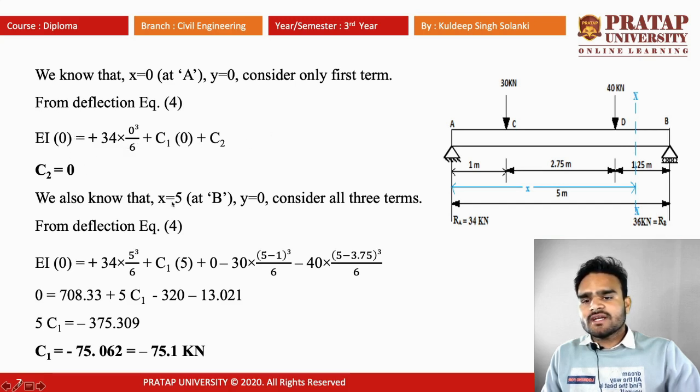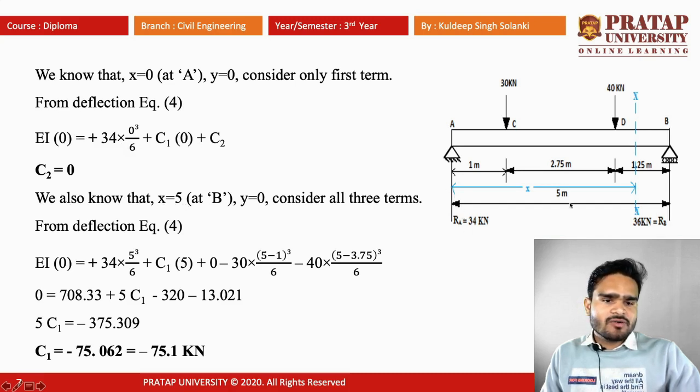We also know that x equals 5 means the total beam is 5 meters, so x equals 5 means at B. At B there is another support, and the deflection is also 0. We know that at B supports are available, so the value of deflection is equal to 0.